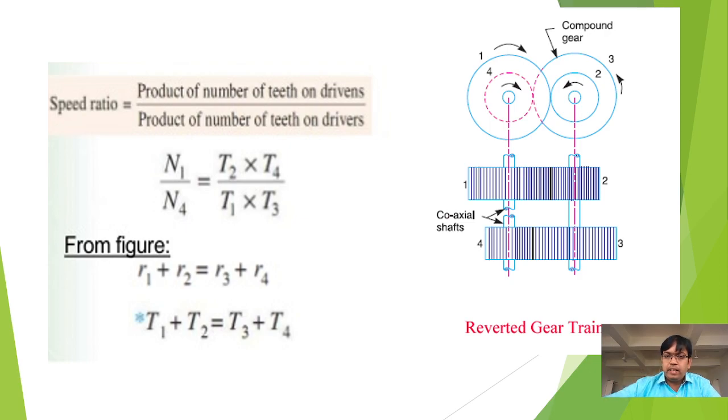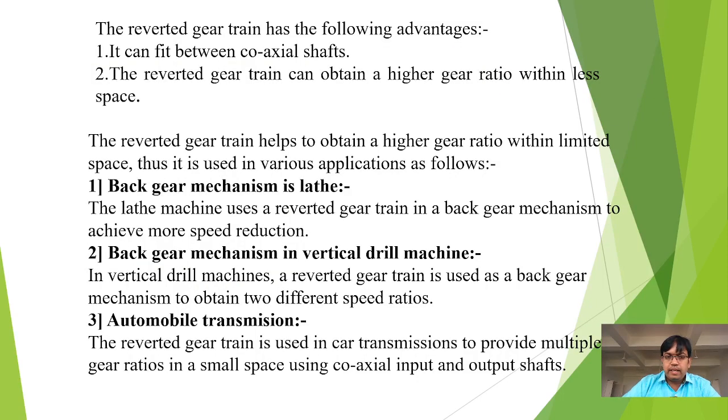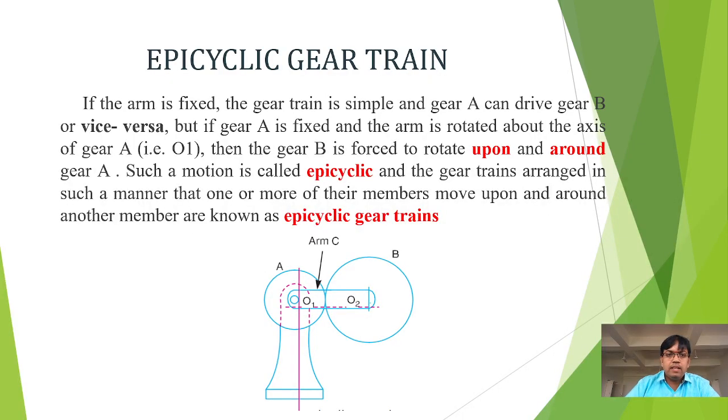Now we will enter into an important type of gear train, that is the epicyclic gear train. Now, what is an epicyclic gear train? As I told you about the applications and advantages of the reverted gear train, now we'll discuss the epicyclic gear train. Now you see this combination that has been given here.